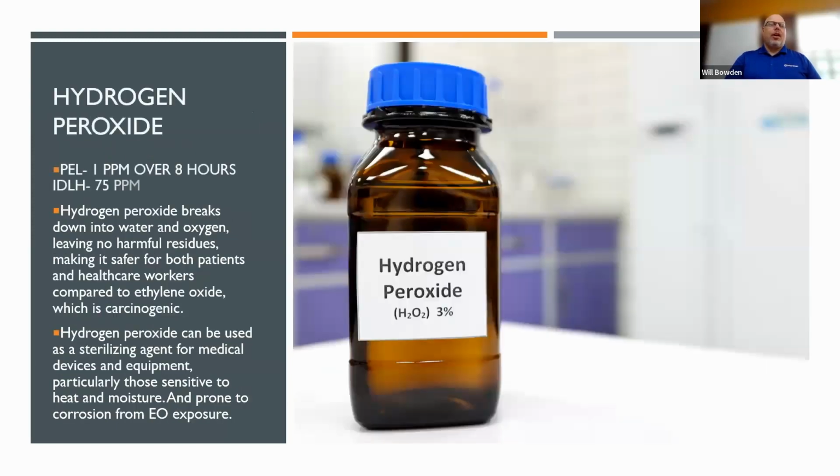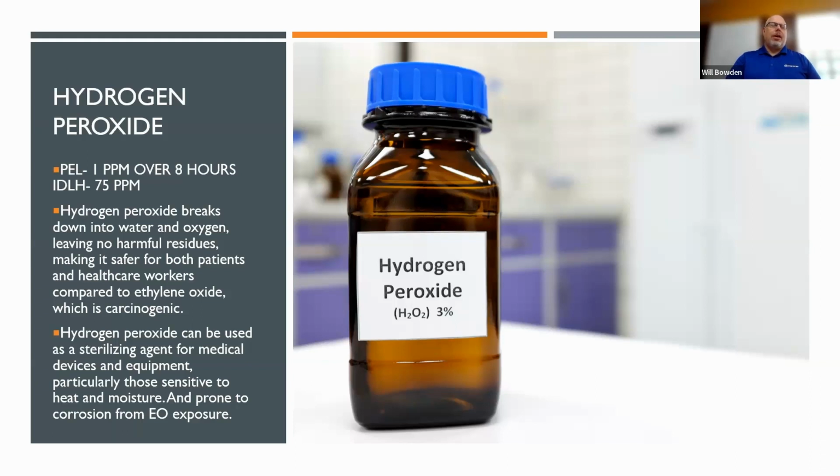So the first gas we'll discuss in our webinar today is hydrogen peroxide. Hydrogen peroxide has a permissible exposure limit of 1 ppm over 8 hours and an immediate danger to life and health at 75 ppm, as George discussed previously.